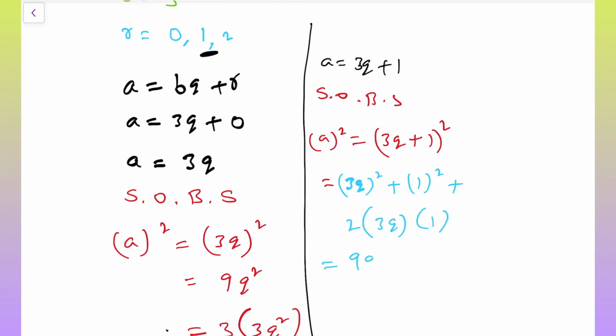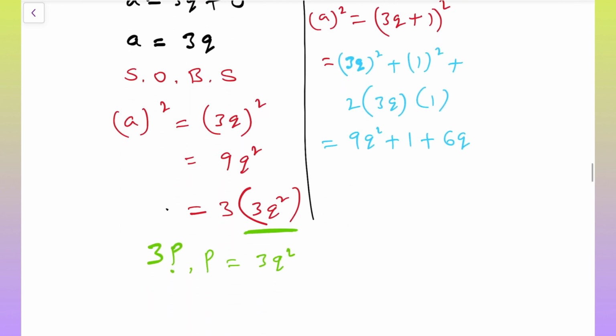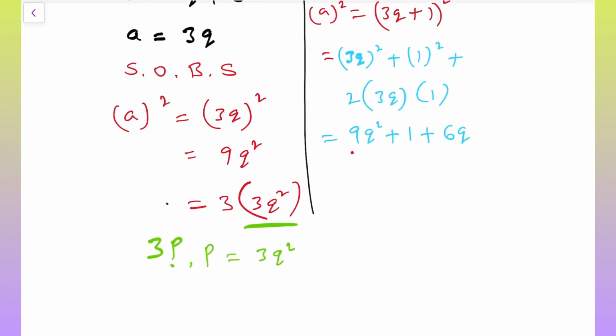3q whole square, 9q square, plus 1 square, 1, plus 2 into 3q into 1, 6q. Now from this also we need to take 3 as common, right? From 9 we can take out 3 common, from 6 also we can take out 3 common, but from 1 we cannot take 3 as common. So I will write this 1 at last and the remaining two together: 9q square plus 6q plus 1. Nothing's value has changed.